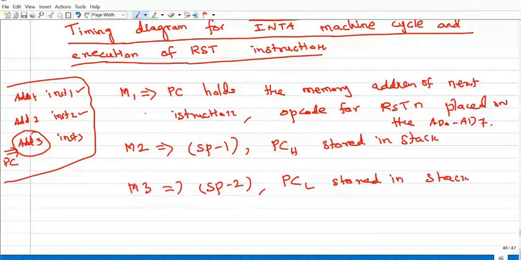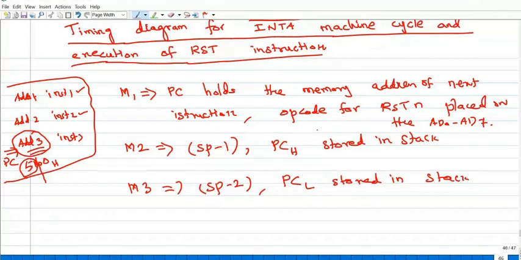So during machine cycle 1, the program counter holds the next immediate address and the opcode for the corresponding RST instruction is placed on AD0 to AD7. Then during machine cycle 2, the stack pointer is decremented by 1. Say, assume this is the next immediate address.